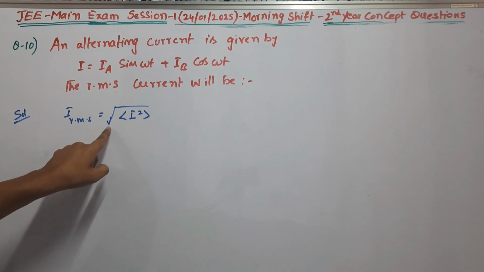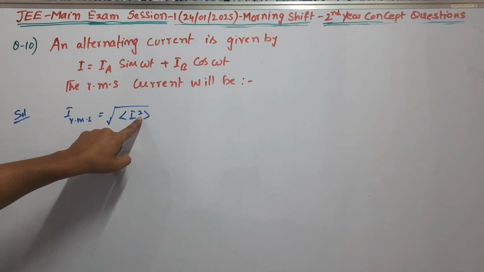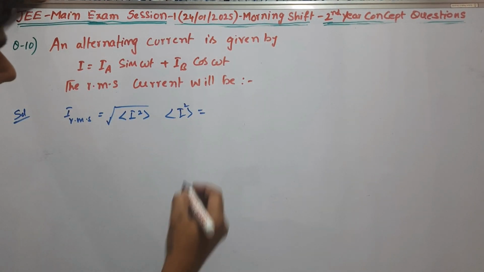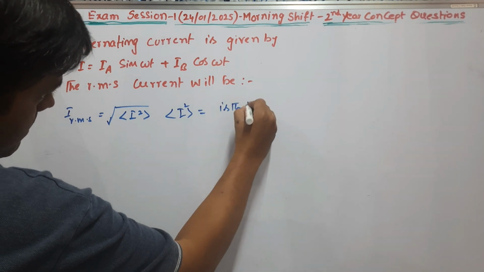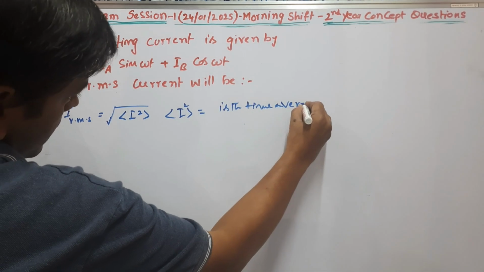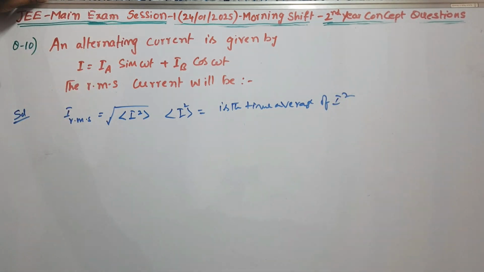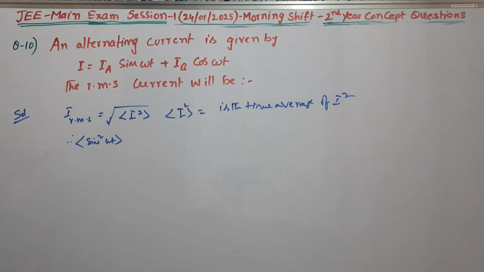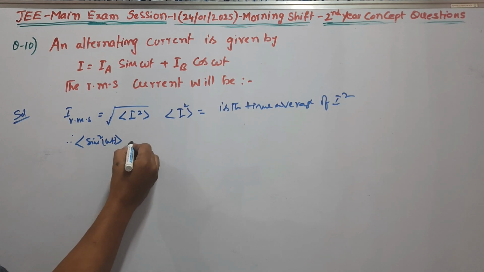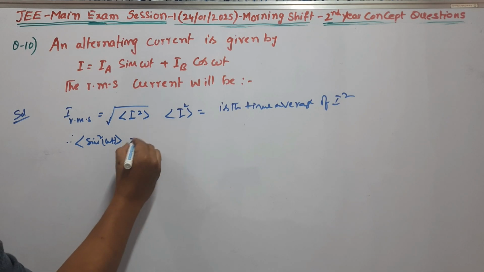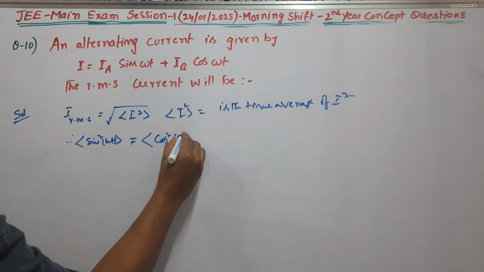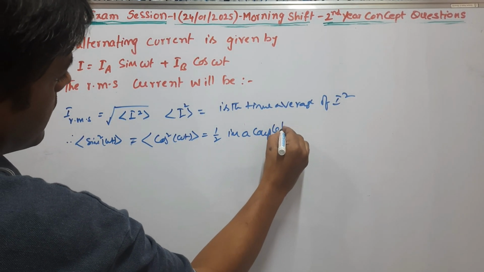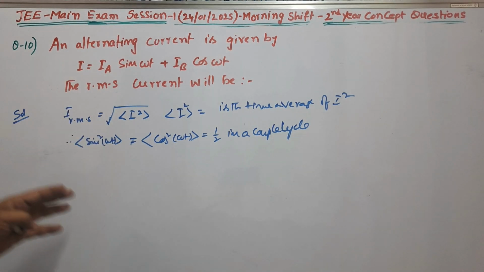So here I square is the time average of current square. The average value of sin square omega t, which is exactly the same as cos square omega t, is equal to 1 by 2 in one complete cycle.